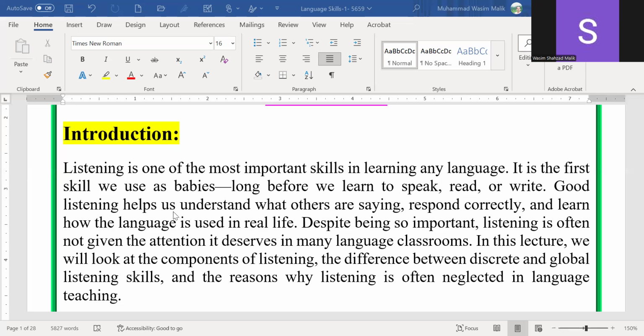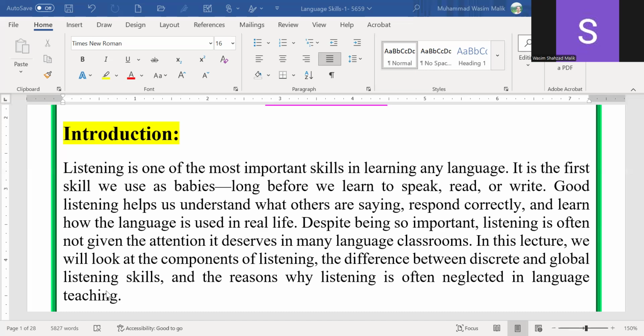Good listening helps us understand what others are saying, respond correctly, and learn how the language is used in real life. Despite being so important, listening is often not given the attention it deserves in many language classrooms.